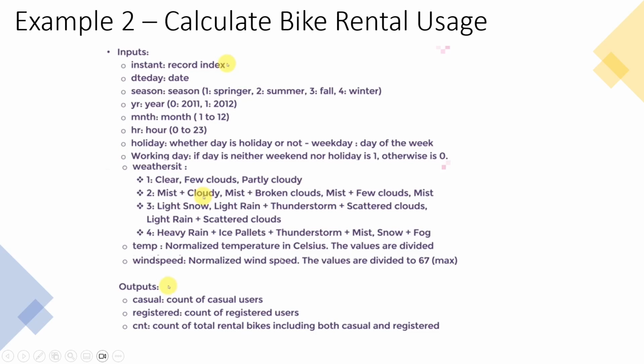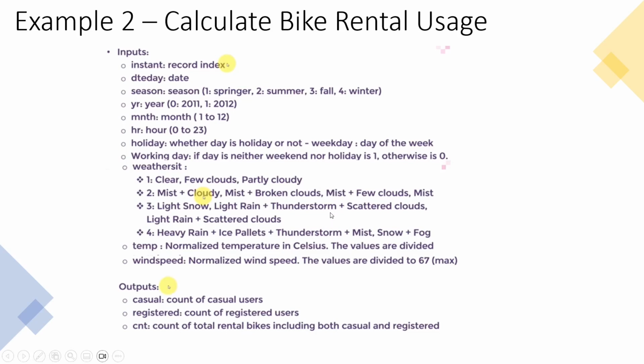And the output is casual, registered, and count. That's the count of casual users, the count of registered users, and the summation of registered and casual users. So we have these as independent variables, and we have the output as the number of bikes being rented depending on these variables. That's the problem we will be solving.